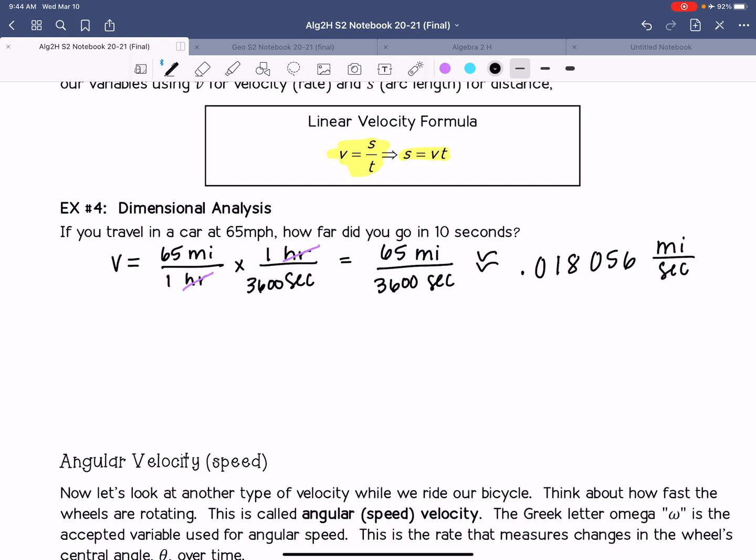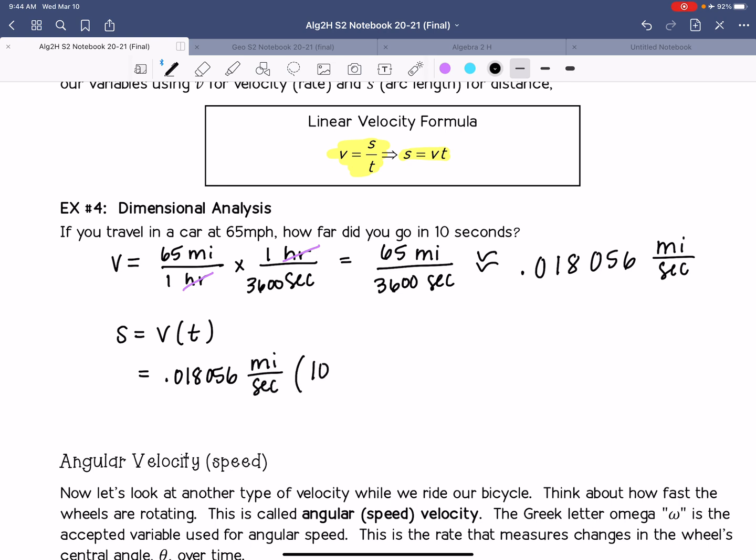Now I can figure out how far I'm going to go. So it's my arc length. So S is equal to velocity times time. So we're going to get S is equal to velocity is 0.018056 miles per second.